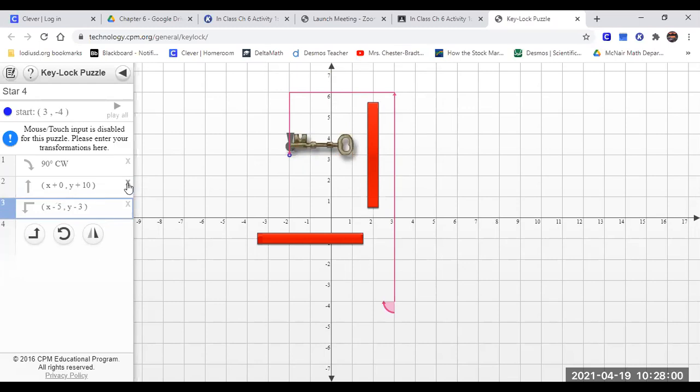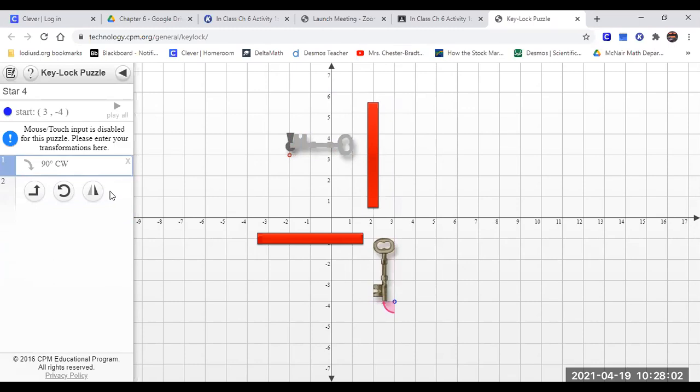Now, let's back up a second for this, right? We could have also slid. We want to turn the key, right? We could have also gone 1, 2, 3, 4, 5, 6, 7, 8. That doesn't get the key past 9, 10 to the left.